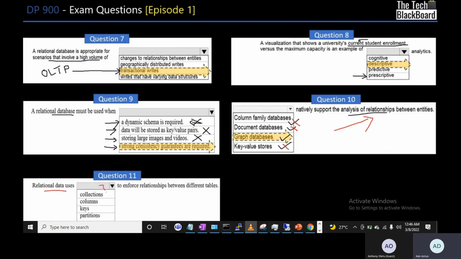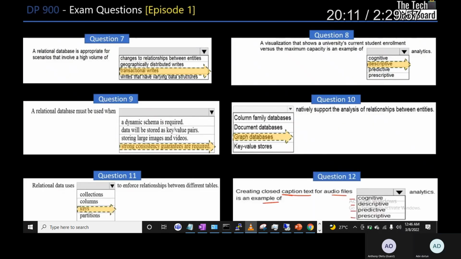Question 11. Relational data uses dash to enforce relationship between different tables. Keys. Question 12. Creating closed caption text to audio files is an example of what?